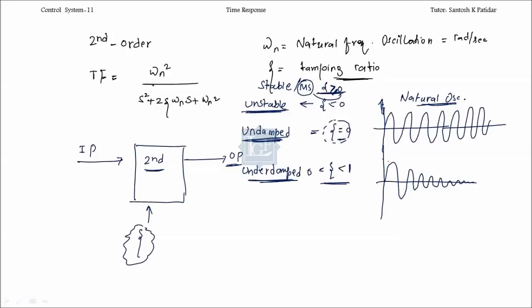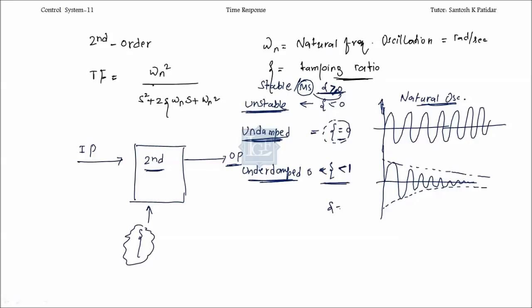Correct? This is damped oscillation. This is not natural or sustained oscillation. The oscillation will remain at t equal to infinity also. This is not like that. Okay? So it's like if you are suppressing some signal, definitely at the output you will get the suppressed output, or I can say at t equal to infinity, you will get the 0 output.